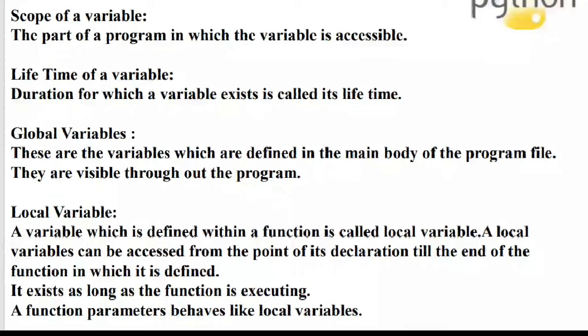So here we are talking about a function. If I'm talking about Java, the scope of a variable is different in Java, and different in C programming. Every language has its own rules. For example, in Java, an if block is a part of a program, and the variable will have a scope inside the if block.